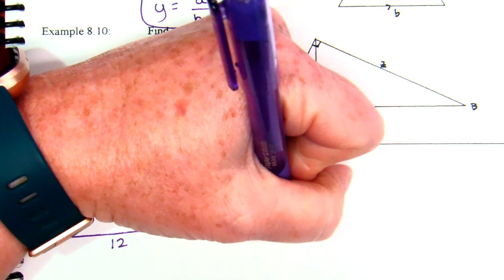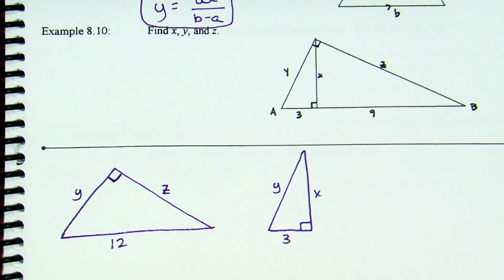Do you see the third right triangle that we need here? There's a third right triangle, and it's the right part of the big triangle, isn't it? So it has the right angle in the bottom left, and it has short leg x, long leg 9, hypotenuse z.